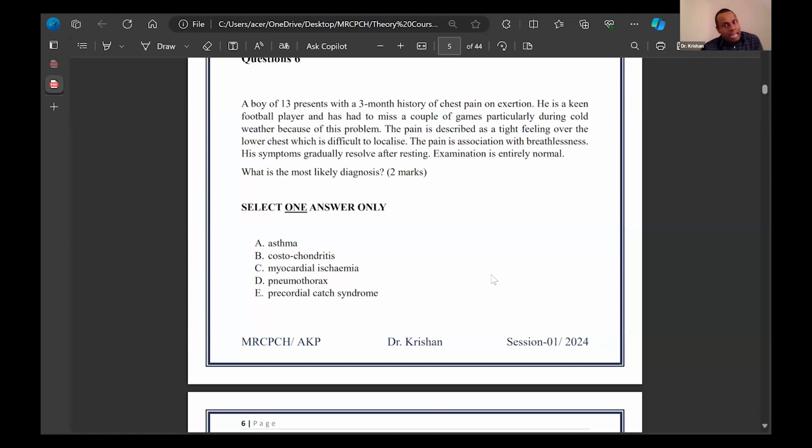The pain is described as a tight feeling over the lower chest, which is difficult to localize. Pain is associated with breathlessness. His symptoms gradually resolve after resting. Examination is entirely normal. So what do we think as the diagnosis here?